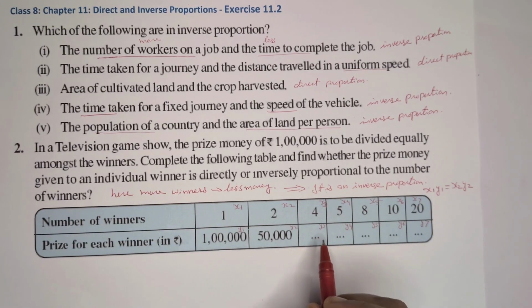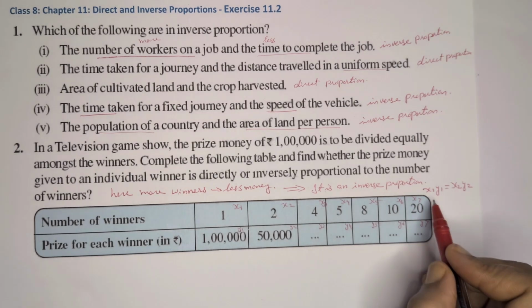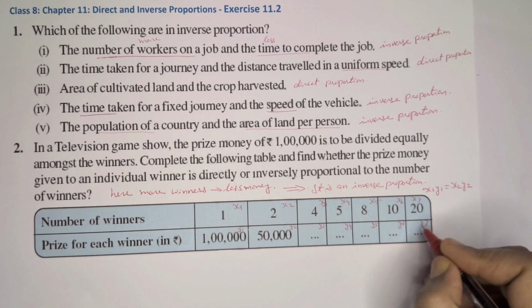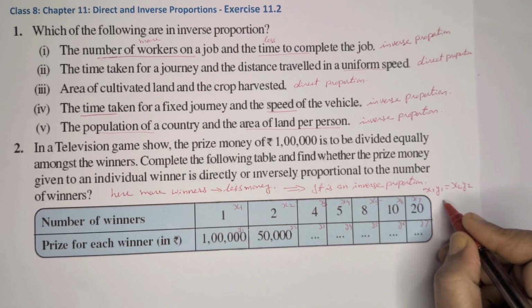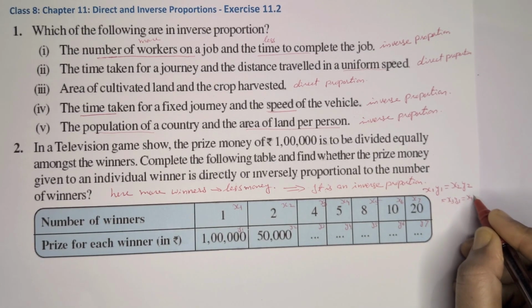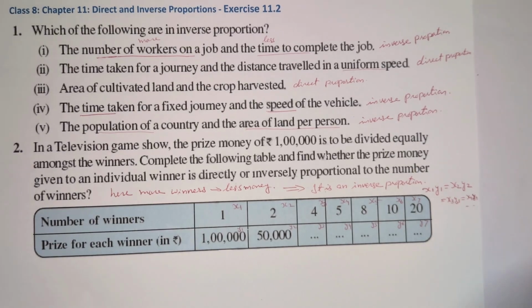So we can find one by one the missing terms. The formula x1 y1 is equal to x2 y2, which is equal to x3 y3, and that is equal to x4 y4, etc.